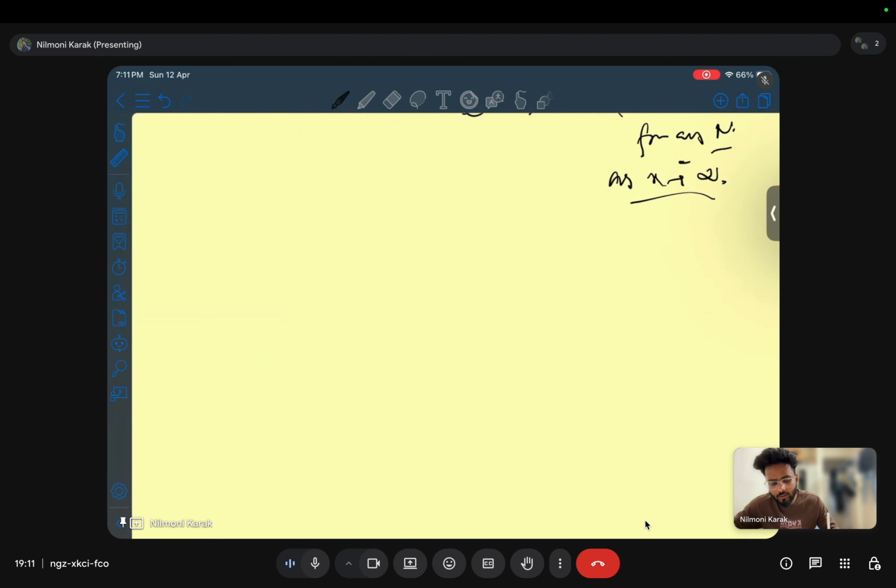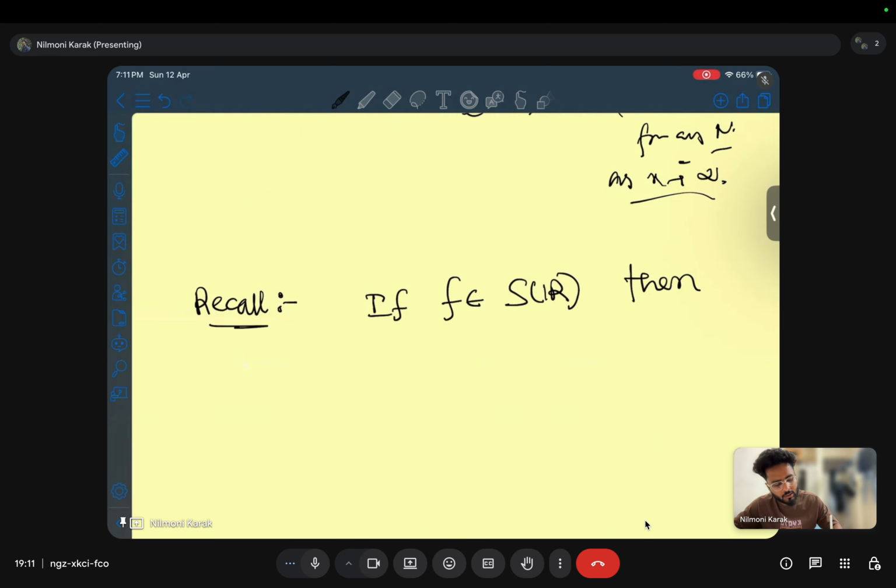One thing, just to recall: if f is in S(R), then f' is also in S(R), and the map f goes to f' is continuous.